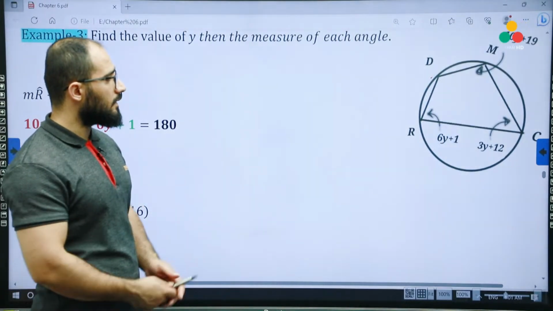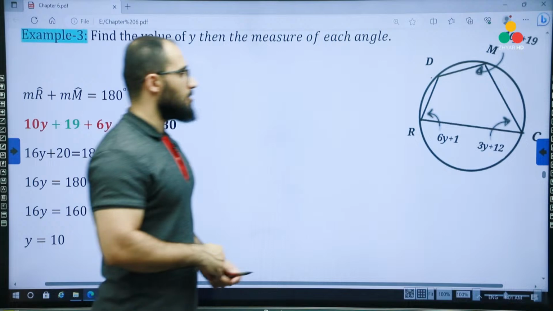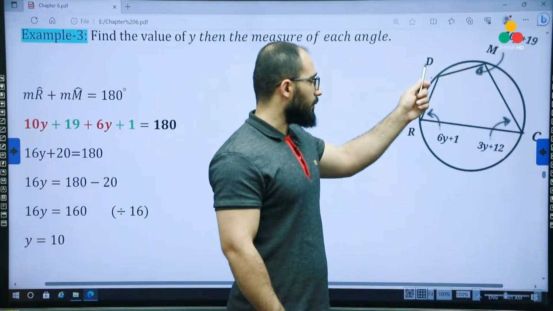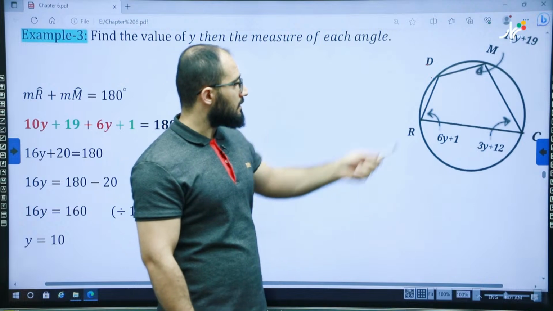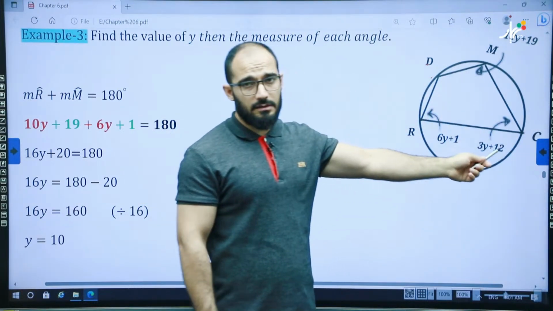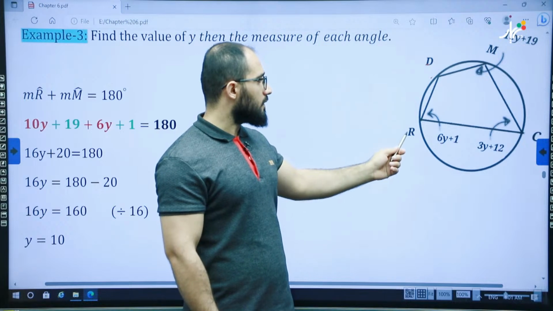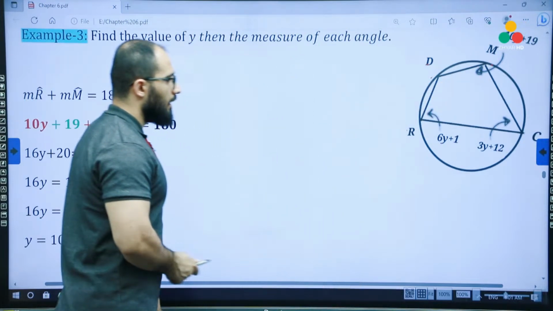How can you find it? We have to find 2 given opposite angles. For example, we cannot use D and C. Why? Because D is not given, but C is given, so we cannot use it. Then we can use R and M.